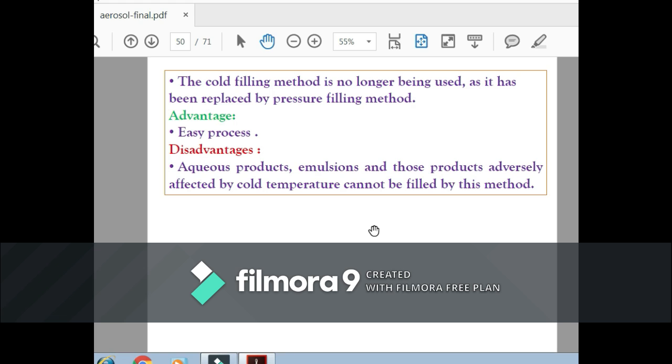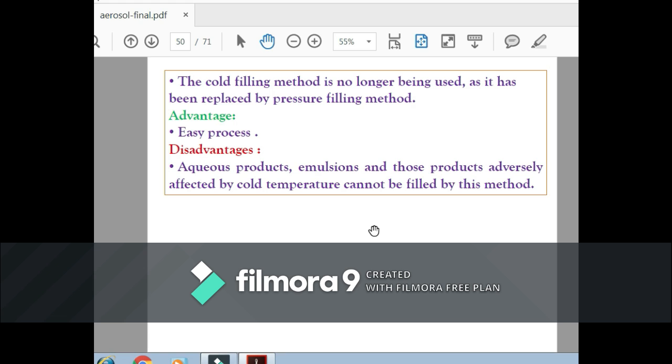Disadvantage of this method is that aqueous products, emulsions and other products which are adversely affected by the cold temperature cannot be handled by this system. Means some drugs, suppose a water based system is there, cannot be handled by this system, because your water based system will convert into ice, or where water is present it will convert into ice, so we cannot fill it.